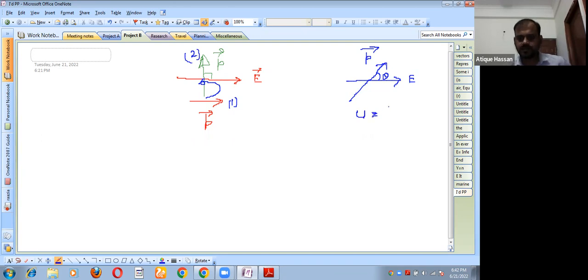If a dipole is at angle theta with an electric field E, the potential energy of a dipole is minus P dot E. I think you remember this formula. Do you know this formula?